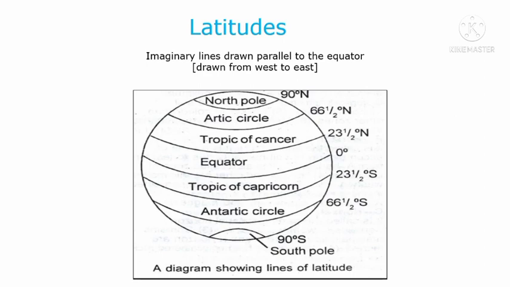The others are also important. When we come to the bottom of the equator or to the top of the equator, the size of the circles will be reduced. The other important latitudes are Tropic of Cancer 23.5-degree north, Arctic Circle 66.5-degree north, Tropic of Capricorn 23.5-degree south and Antarctic Circle 66.5-degree south latitude.